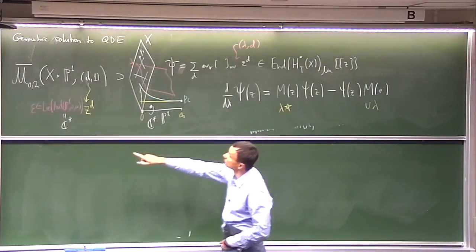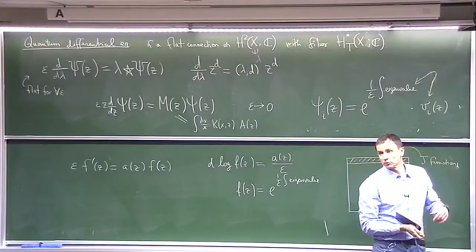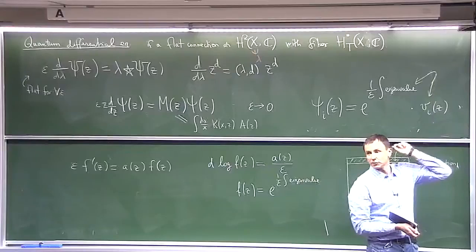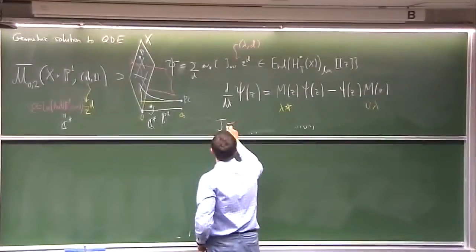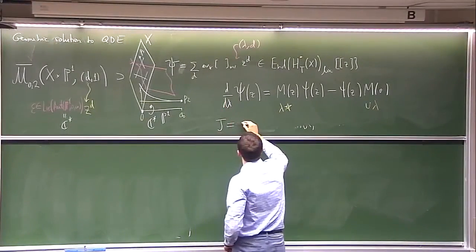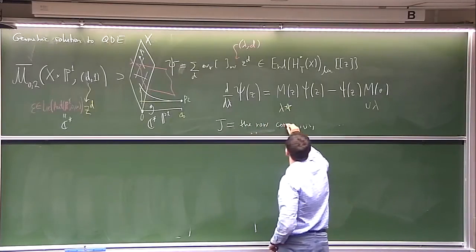And so if we want one row of this matrix, it means we just forget the first marked point, or we insert the identity element at the first marked point. So the J function is just the coefficient of the corresponding row.